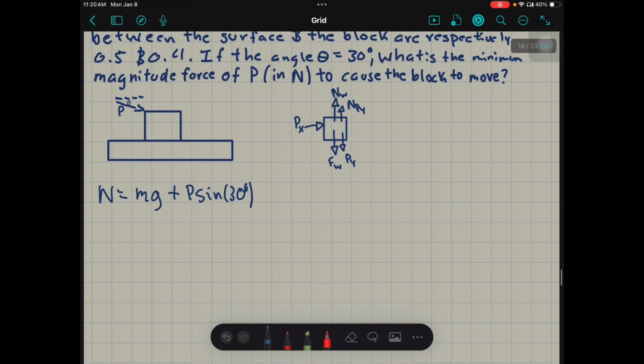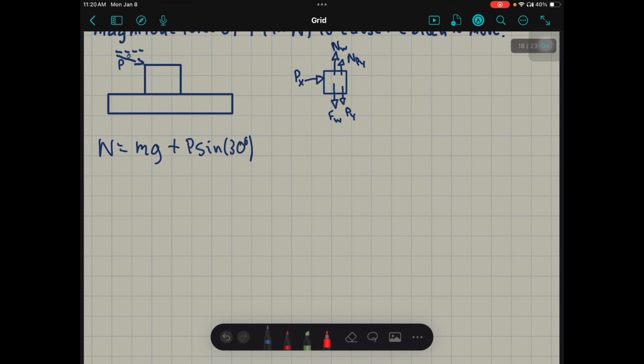So now that we have that, we can go ahead and solve for the friction force. In order to move it, we have to beat our static friction.